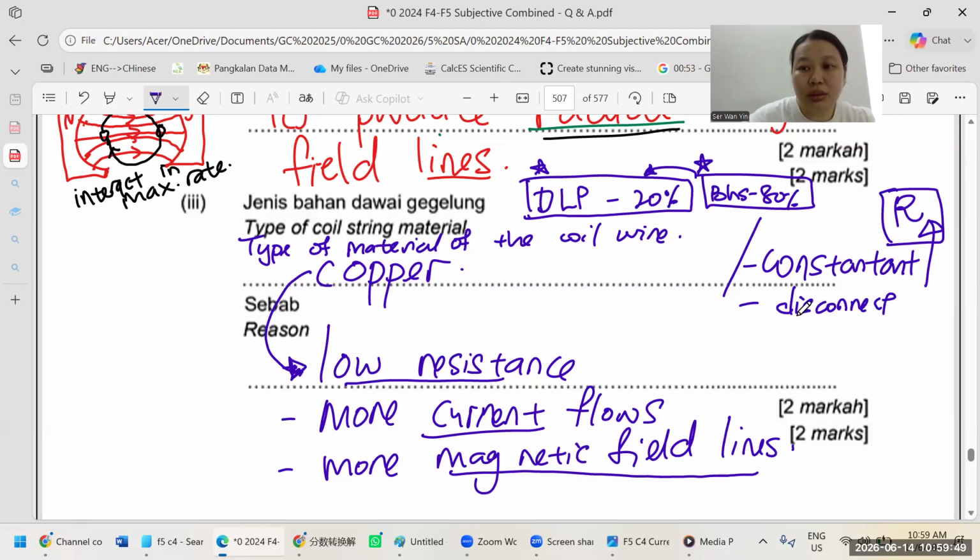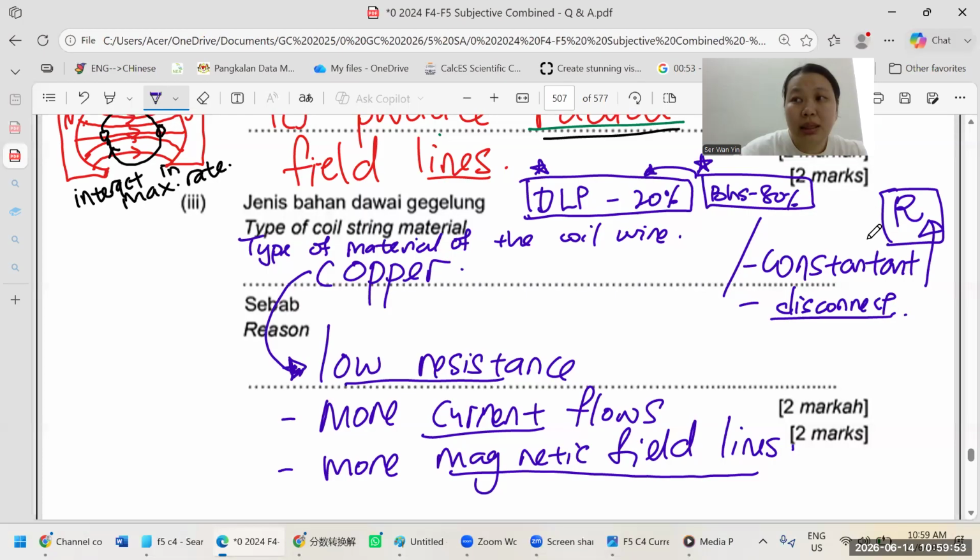Switch off first. Why? Because last year we got a case. One of my students accidentally touched the conductor wire and it was very hot, because the conductor wire has high resistance.